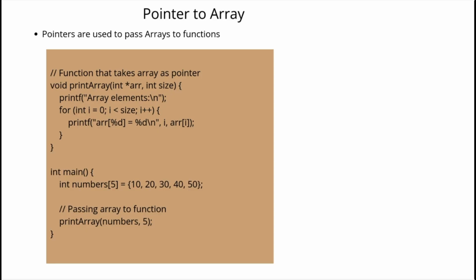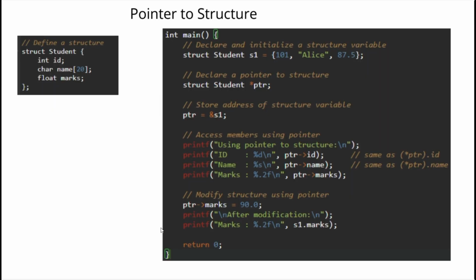Similarly with structures, we can have a pointer to a structure. I have a student structure, I created a student object s1, and I created a structure pointer, just like how you create an integer pointer, using struct student *ptr. It is a pointer to a structure. Here I assign the address of this structure. You cannot assign an integer or floating point address.